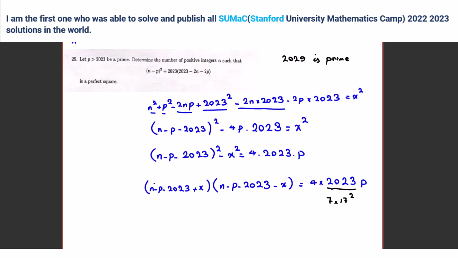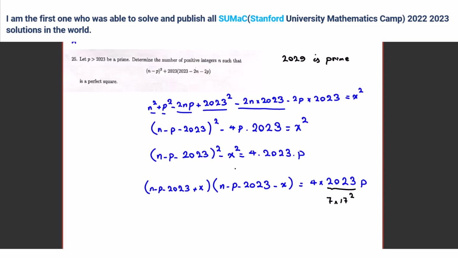Now, these two things, what can we say about the parity of these two things? The same. They have the same parity because signs don't have an effect on parity. Agreed? Yeah. Okay, so both of them should be odd or even.